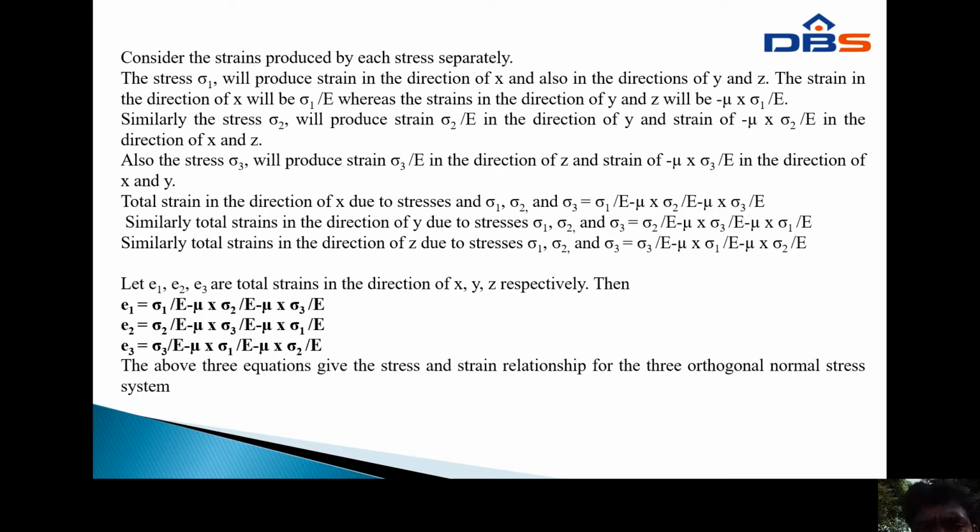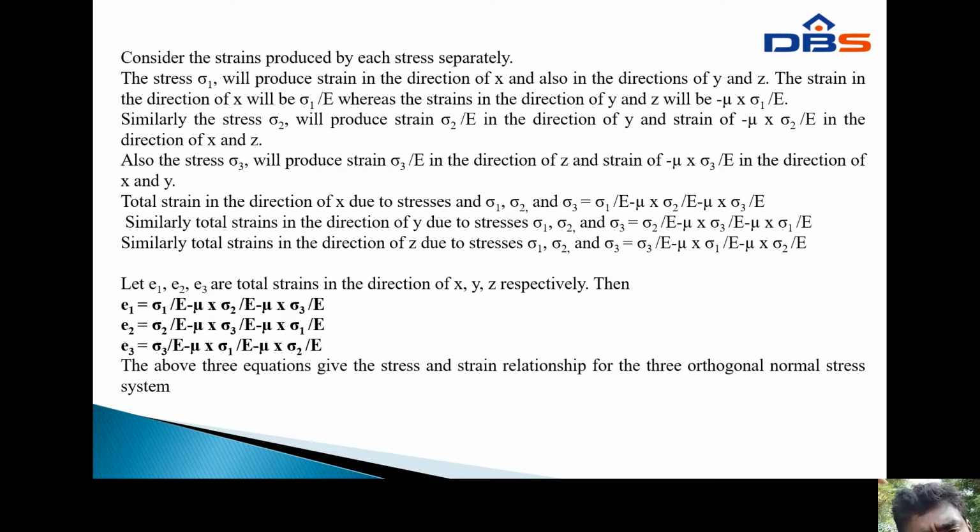So the stress sigma 1 will produce strain in the direction of x and also in the directions of y and z, that is, three directions. The strain in the direction of x will be sigma 1 by E, whereas the strain in the direction of y and z will be minus mu into sigma 1 by E. Similarly, the stress sigma 2 will produce strain sigma 2 by E in the direction of y and strain minus mu into sigma 2 by E in the direction of x and z.